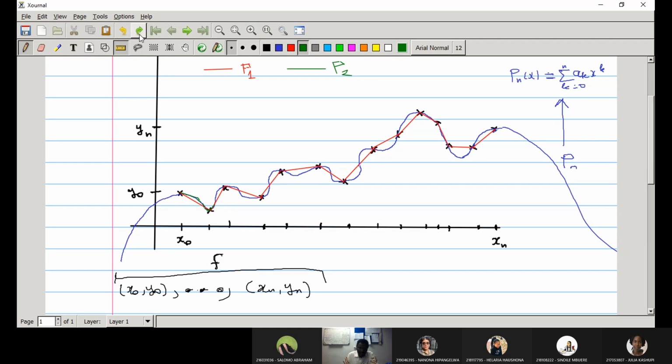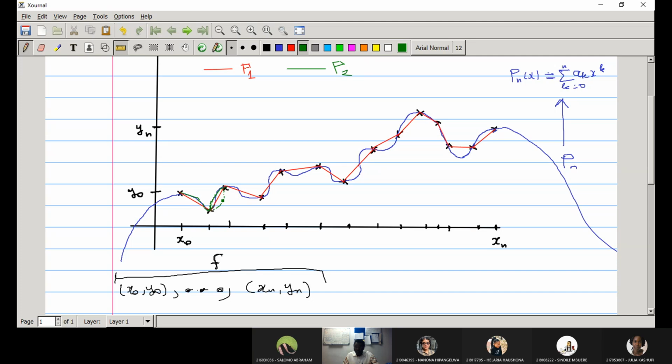The best a second degree polynomial can do will be something like this. So if you start from here, you can have something like that. It has to be a parabola, or a parabola from here, like this.